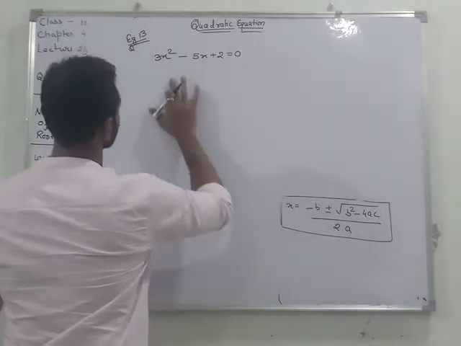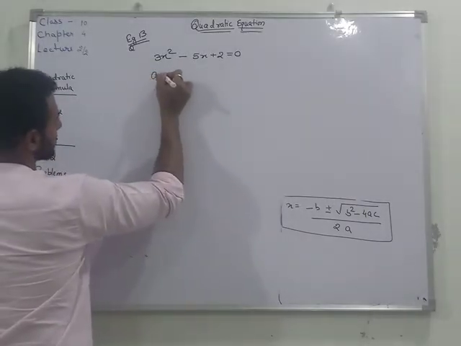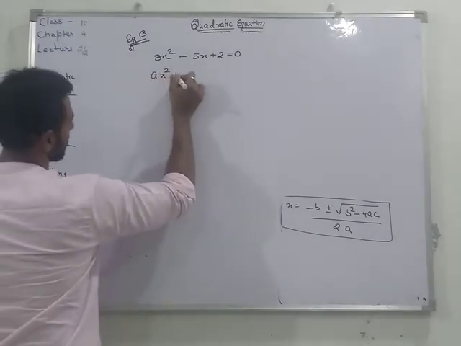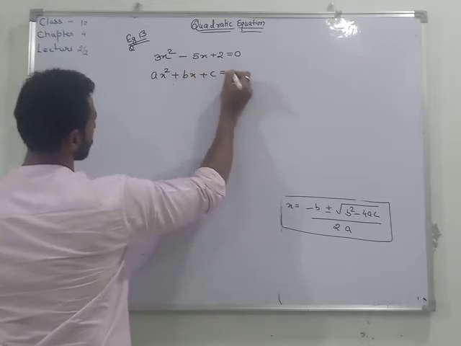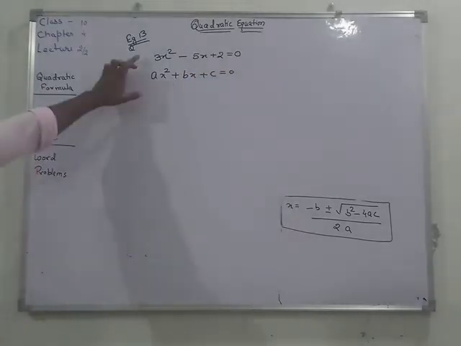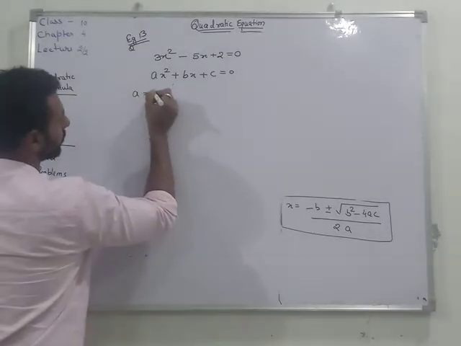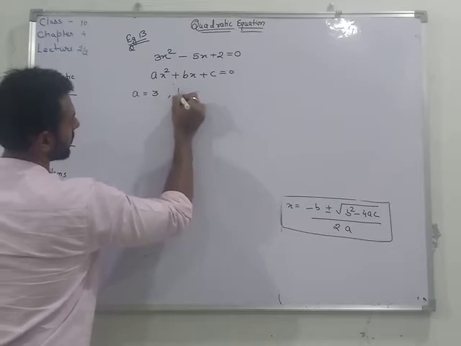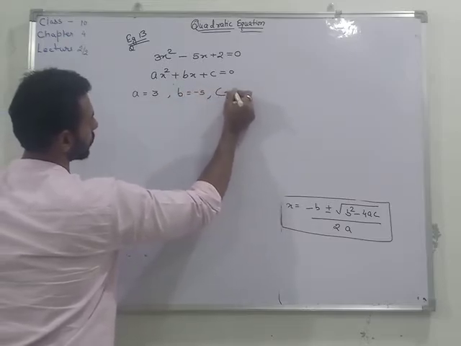Now, writing the general expression first, ax square plus bx plus c is equal to 0. Now comparing these two equations, a is equal to 3, b is equal to minus 5, c is equal to 2.